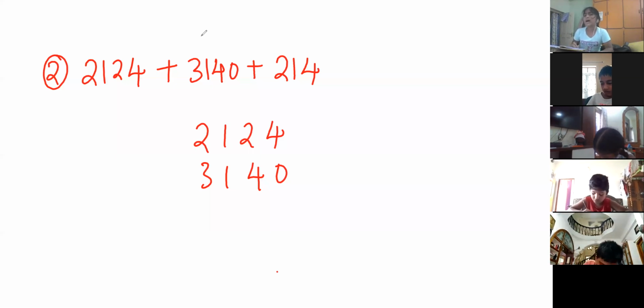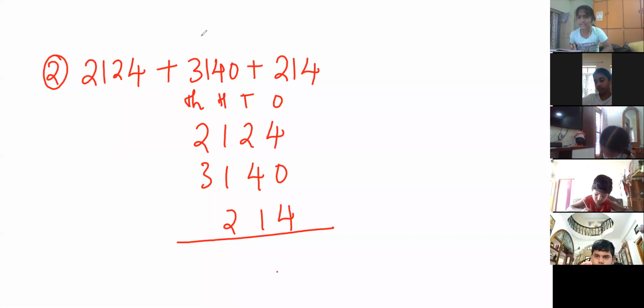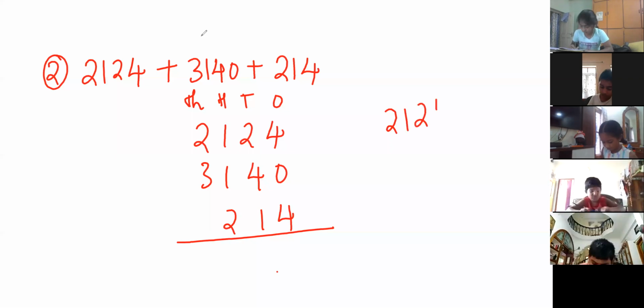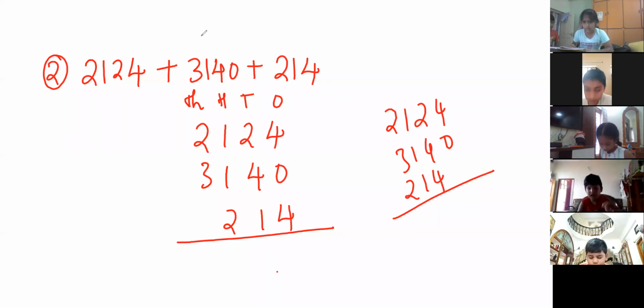See, 214 is there. For 214 we started with the hundreds place onwards, right? So let us place it from the hundreds place only. Here, this is the way you have to write. Some of you may think you should write it in another form under 3140, but if you place these numbers like that, it is very wrong.